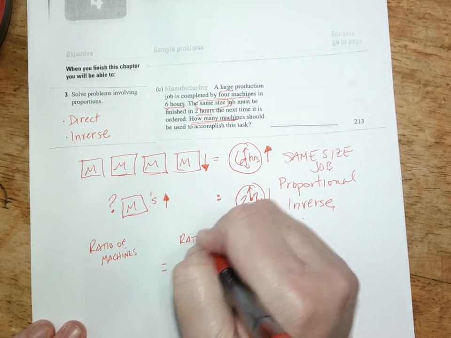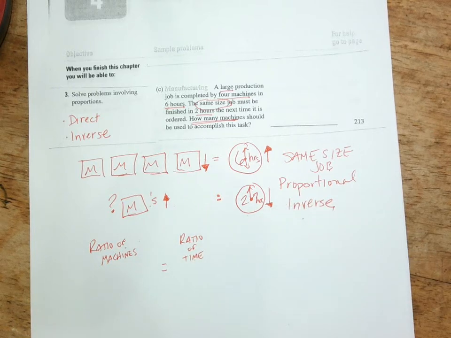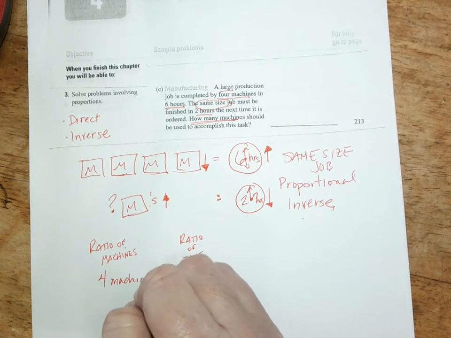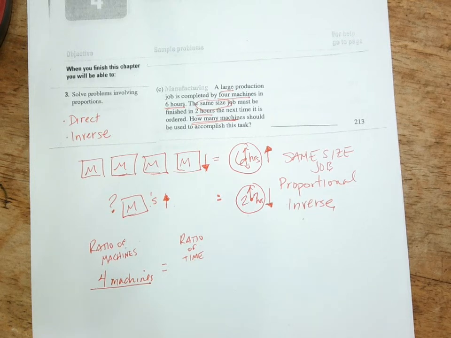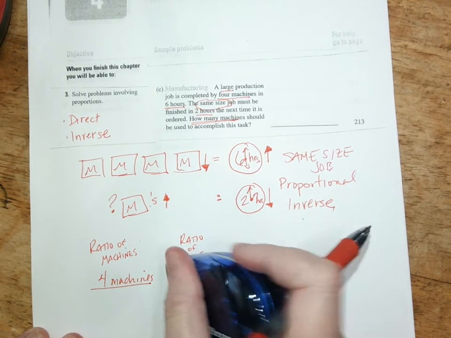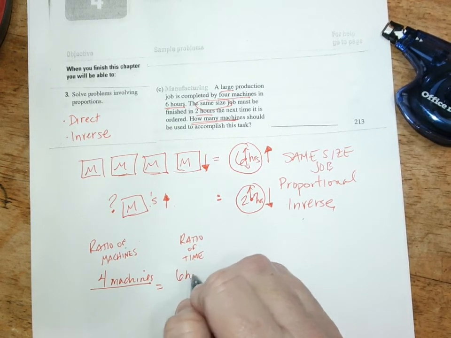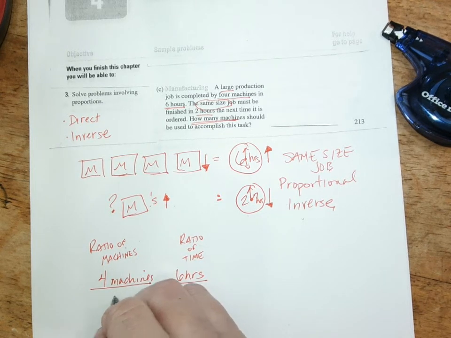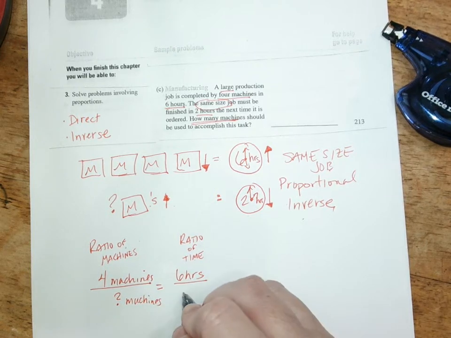So if we were to set this up like we've been setting these proportions up, we look at the machines, so we have 4 machines in 6 hours over how many machines, we don't know, in 2 hours.